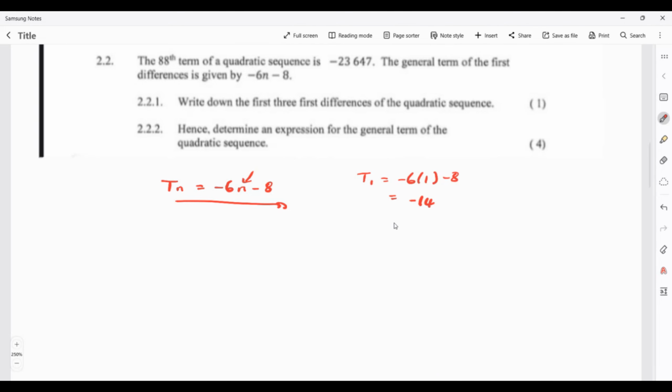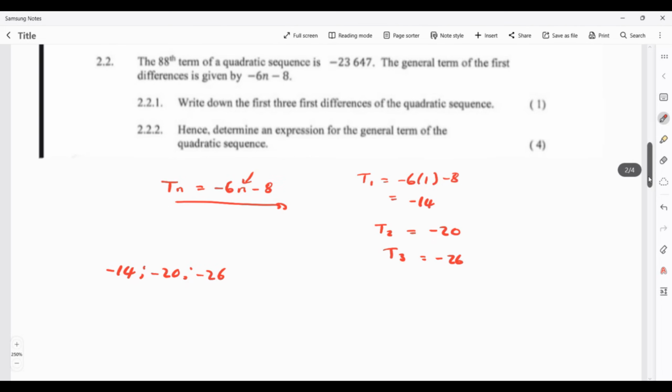And then for T2, you will get negative 20. For T3, you will actually get a negative 26, and like that. And then now you're sorted. They only wanted 2. Now we can write them in this form, negative 20, negative 26 over there.